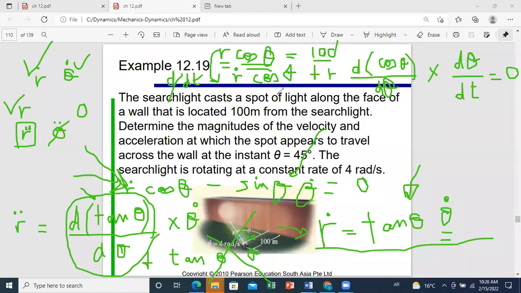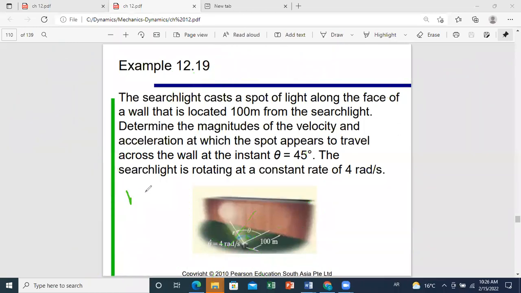So we can go back to this relation and say, we know that r dot times cosine theta minus r sine theta times theta dot equals 0.